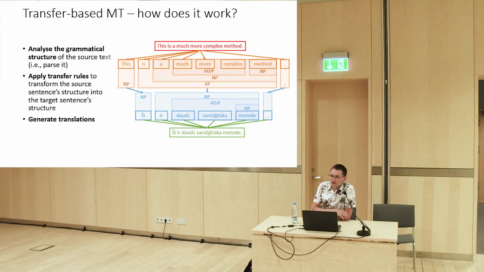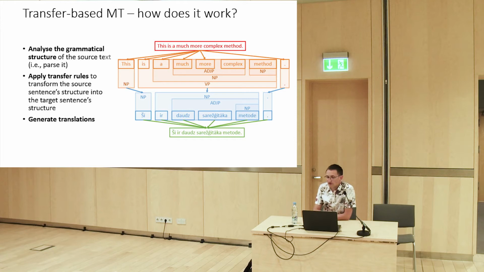So the next level of rule-based systems is transfer-based machine translation. Here is an example. We analyze the grammatical structure of the source text, and this is the syntax tree of the source sentence. Then we transform the syntactic structure into the target language, and then we generate the translations.